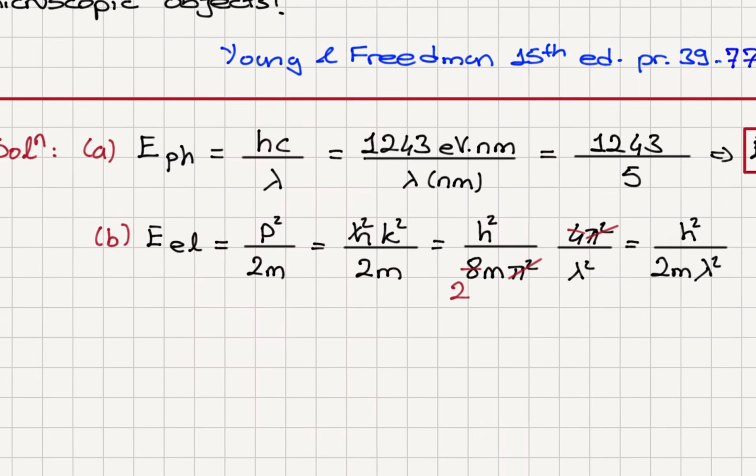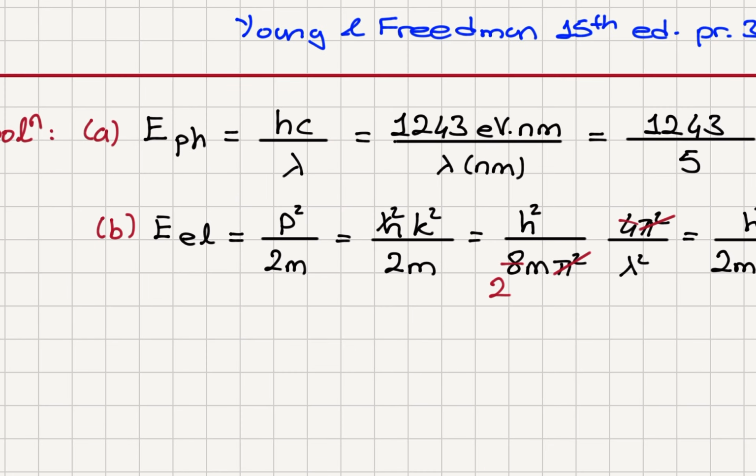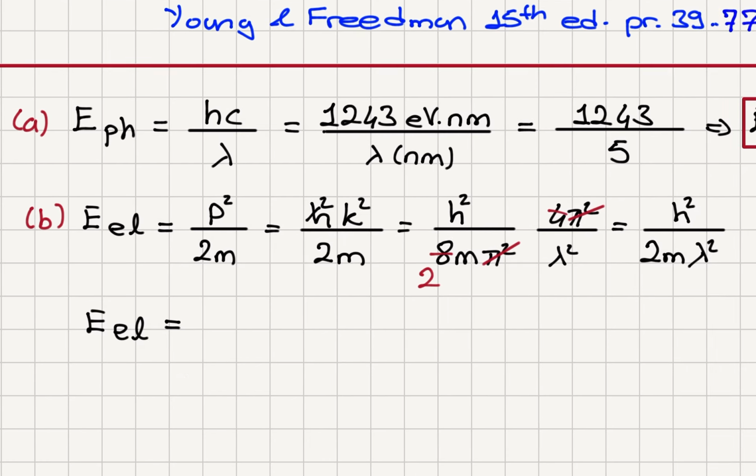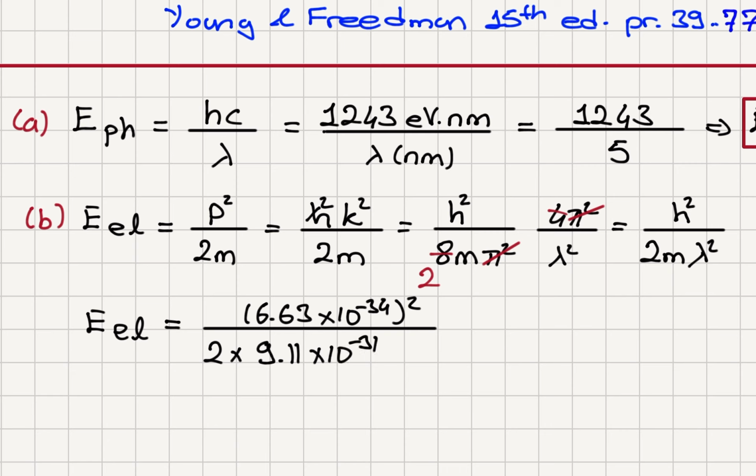Okay, now we can plug in the numbers to calculate the electron energy. Electron energy is Planck's constant squared, which is 6.63 times 10 to minus 34 joule seconds squared, divided by 2 times the mass of the electron, 9.11 times 10 to minus 31 kilograms, times 5 nanometers, 5 times 10 to minus 9 squared.